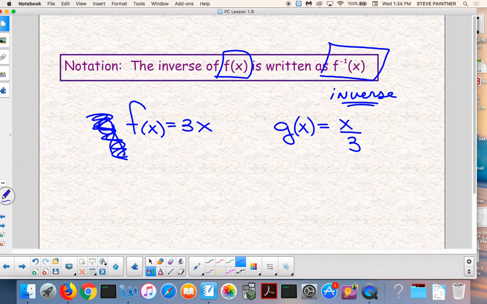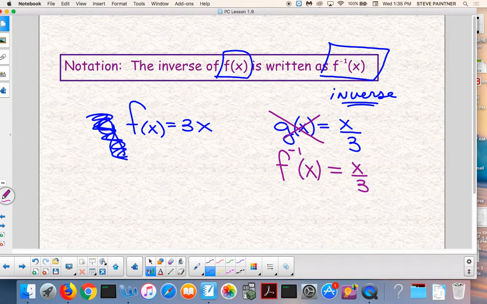Now, using the notation, you would write what? Not this, you'd write f inverse of x equals this. Okay? So I want you to know in the back of the book, when you see that, this function is the inverse to this function. Okay? Just a quick statement on that look. Okay?